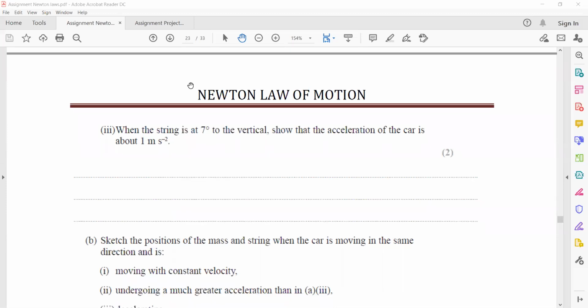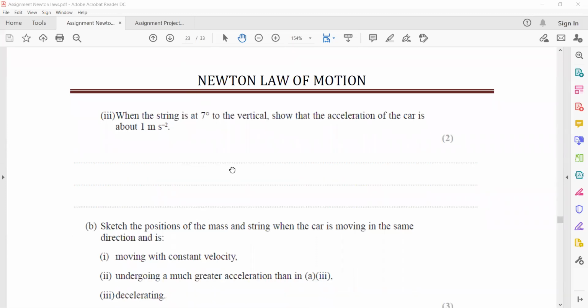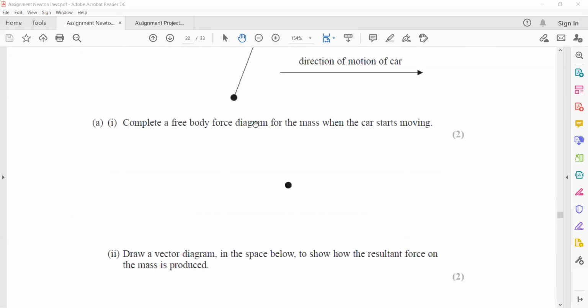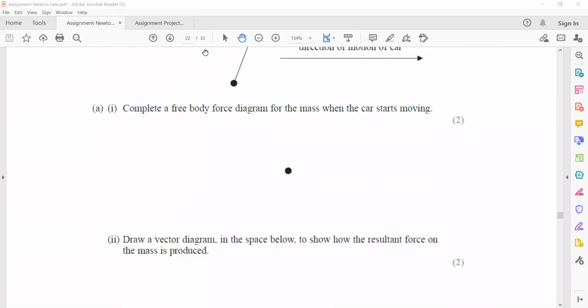In the second question, when the string is at an angle of 7 degrees to the vertical, show that the acceleration of the car is about 1. So how can we show this acceleration of the car is about 1 when the string is making 7 degrees with the vertical? This is the vertical plane.